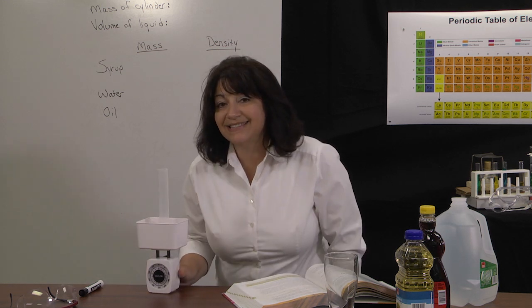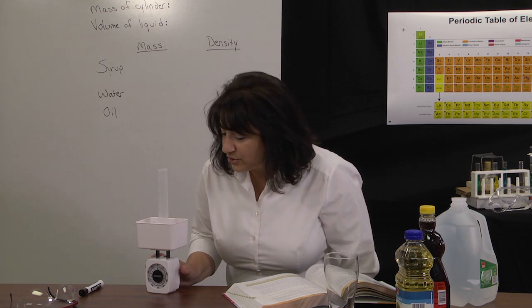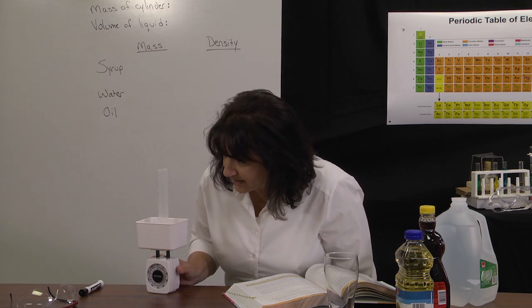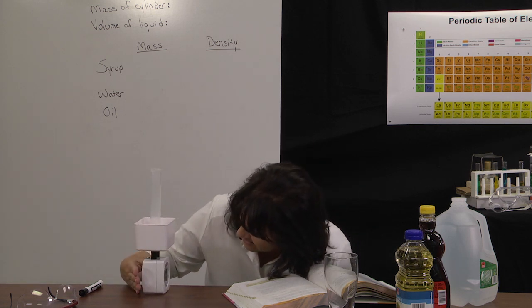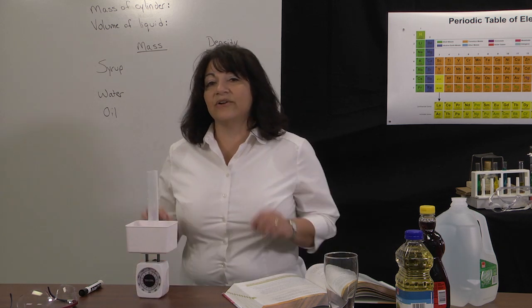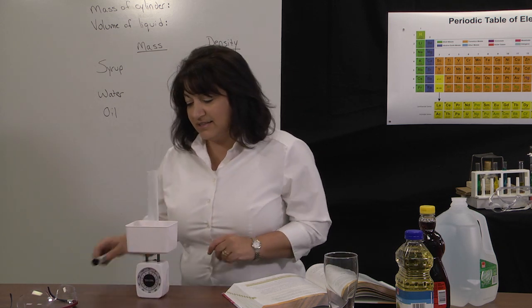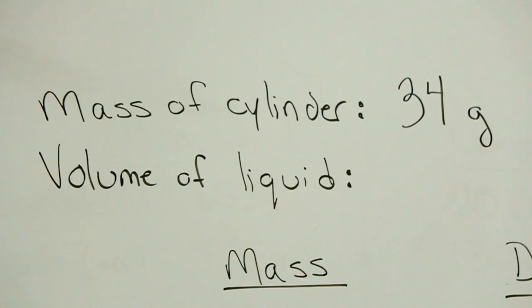So I'm going to estimate that to be 34. I'll take a closer look at that. Right now, I've got it closest to 34. So I'm going to write down the mass of my cylinder so I don't forget that. And I have 34 grams.